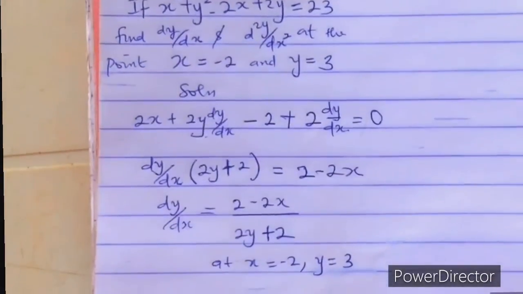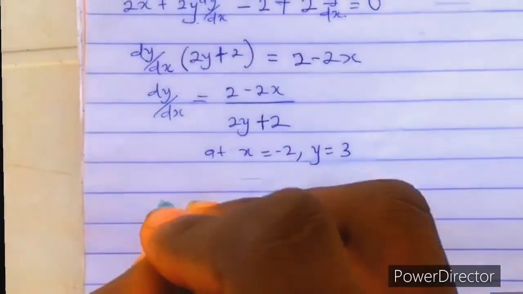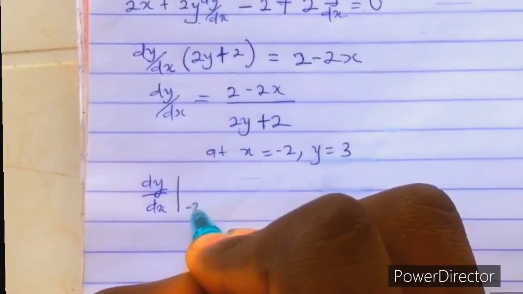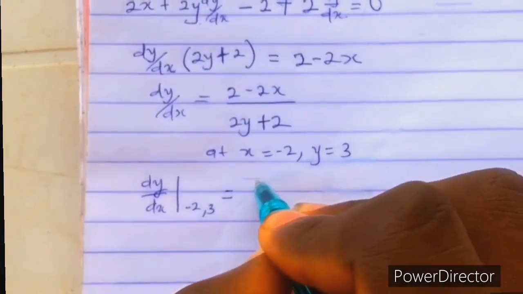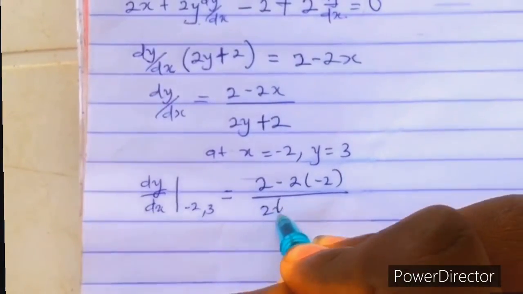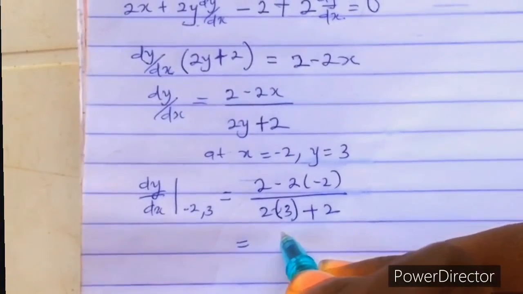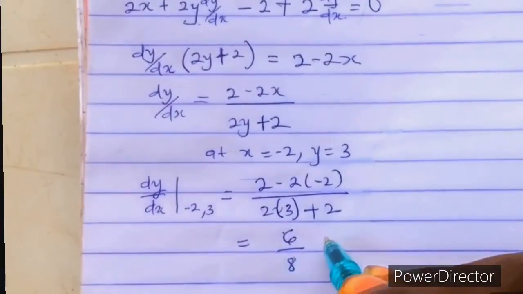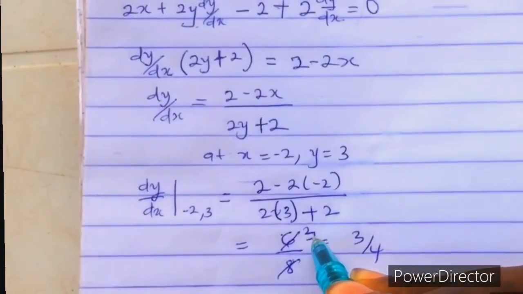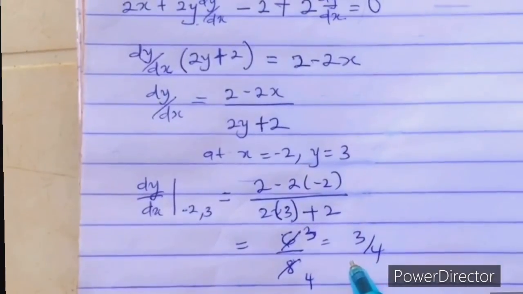So we can now say dy/dx at x equals -2 and y equals 3 will be 2 minus 2(-2) all over 2(3 + 2), and that will give us 6 over 8, and that will be 3 over 4 when we divide to the lowest term. 2 in 6, 3, 2 in 8, 4, that's 3 over 4.